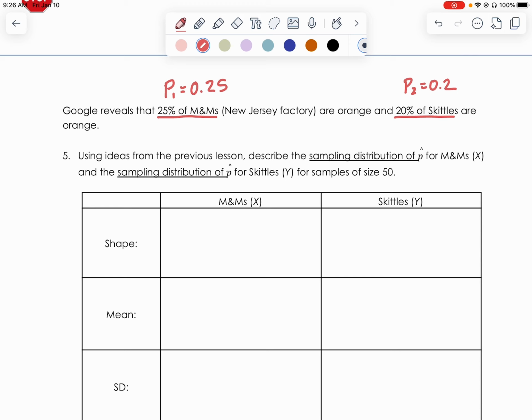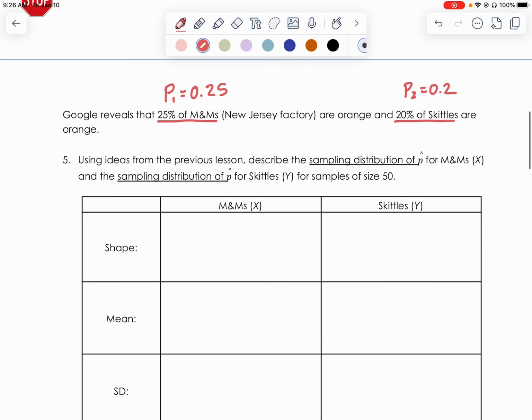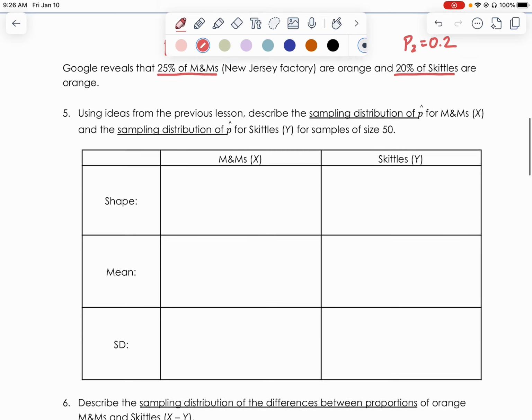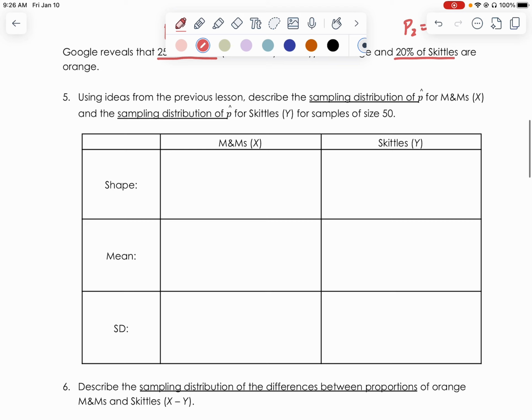All right, now we are going to continue on using the ideas from the previous lesson. Describe the sampling distribution of p hat for M&Ms and the sampling distribution of p hat for Skittles for samples of size 50. This goes back to what we did yesterday in class, as if we just had the Reese's Pieces. How did you find the shape, the mean, and the standard deviation? Just to remind you, what we did yesterday for shape was large counts.